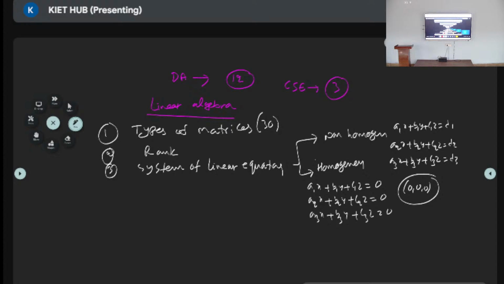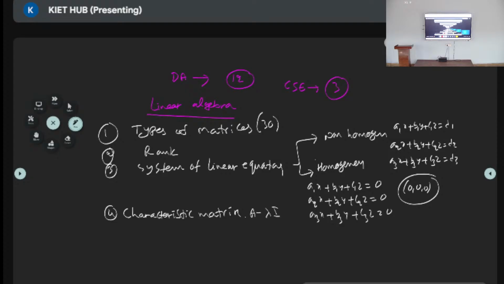And the fourth one is the characteristic matrix. Characteristic matrix is A minus lambda I.